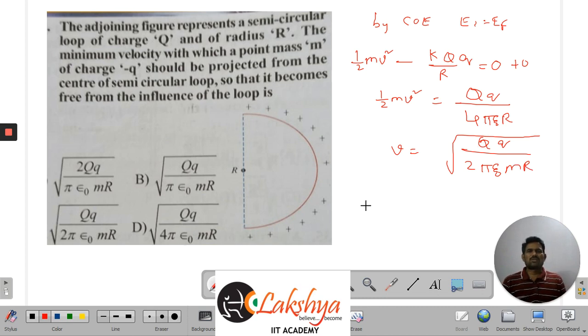That is the velocity required at this point. So that is our option C. This is the correct option for that question. That is a conservation of energy application, that means escape velocity calculations here.